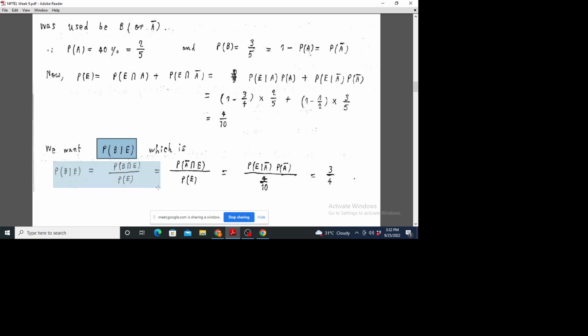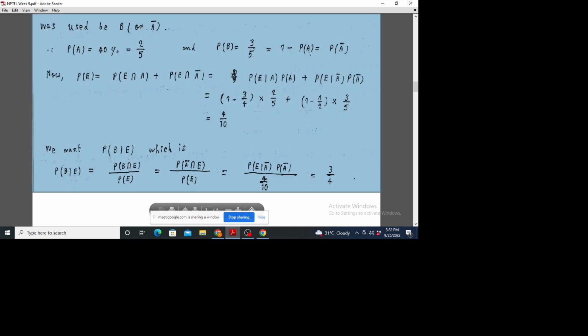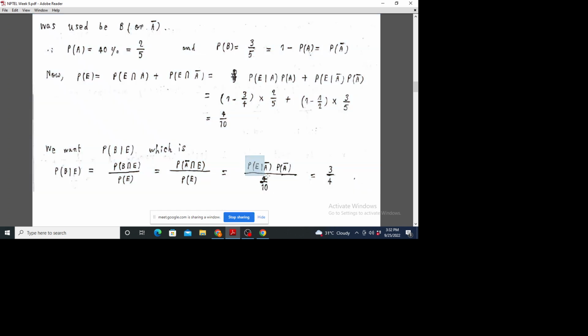We use the definition of conditional probability, which is this ratio. As I said earlier, B is just A complement, so I have written that, and then to evaluate this numerator, I have again used the definition of conditional probability like this.